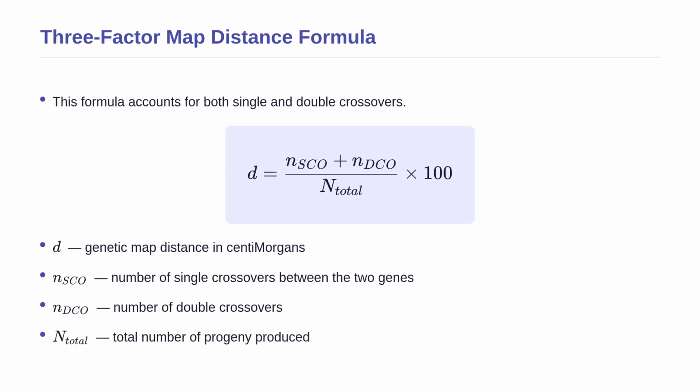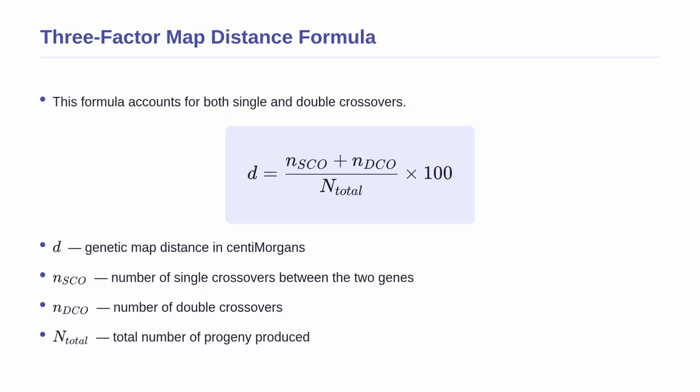To account for these hidden events, we use a slightly modified formula for our 3-factor cross. Here, D refers to the genetic map distance between 2 specific adjacent genes. The variable NSCO stands for the number of single crossovers that occurred specifically between the 2 genes we are measuring.